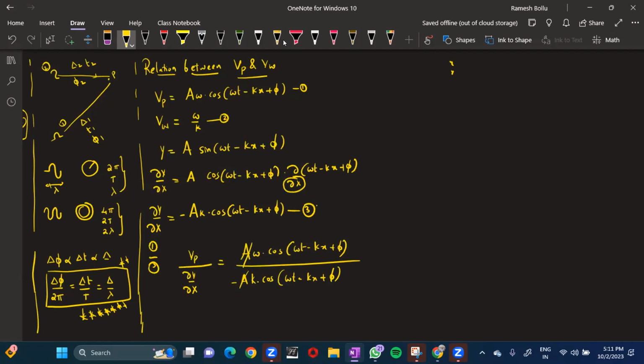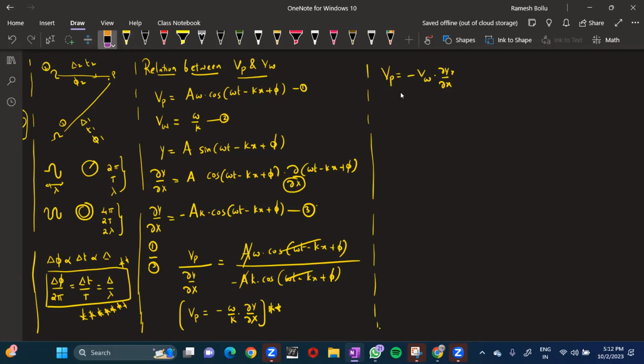A cancels, and the cosine also cancels out. So the velocity of the particle is minus omega by k into dou y by dou x. This is another powerful relation. I don't need to explain that omega by k is nothing but the velocity of the wave. Yes or no? You can write: velocity of the particle equals minus velocity of the wave into dou y by dou x. Very, very powerful relation.